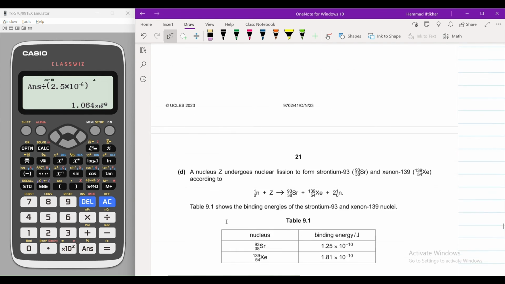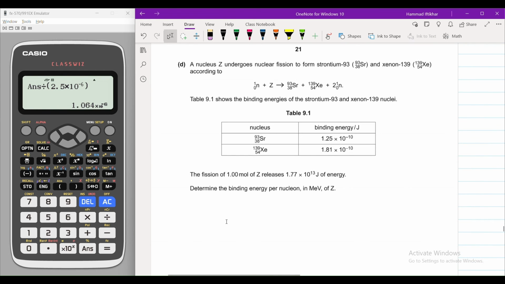Nucleus Z undergoes nuclear fission to form strontium and xenon. Table 9.1 shows the binding energies of strontium 93 and xenon 139 nuclei. These are binding energies.